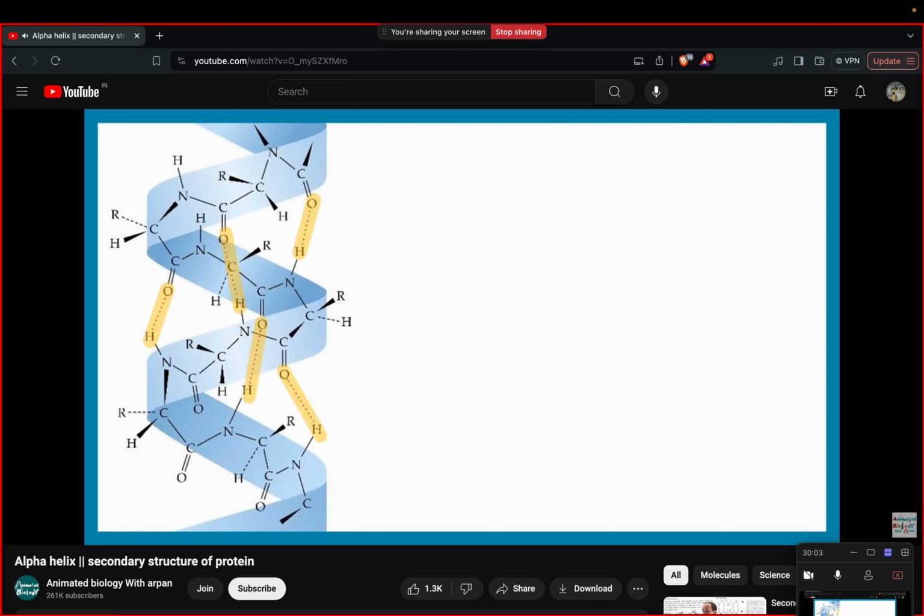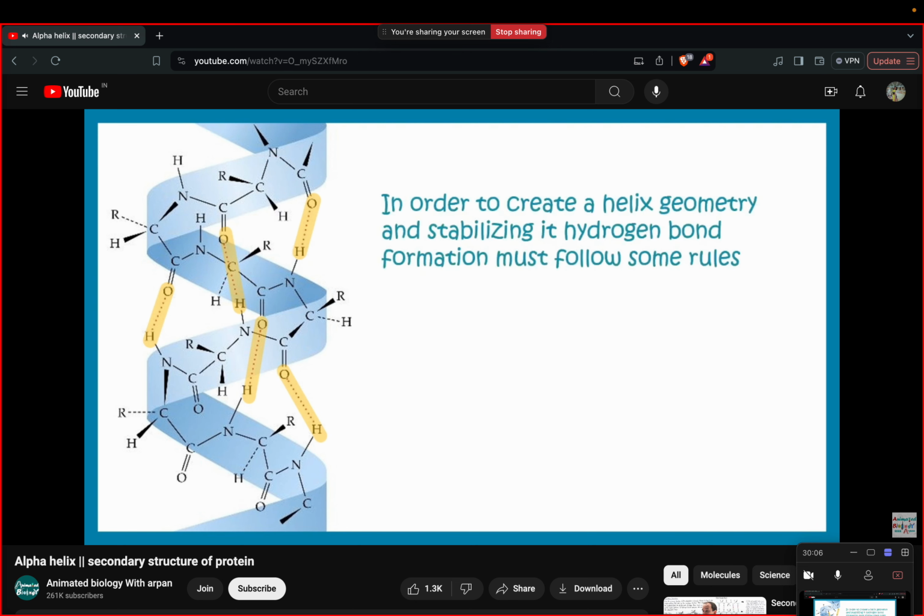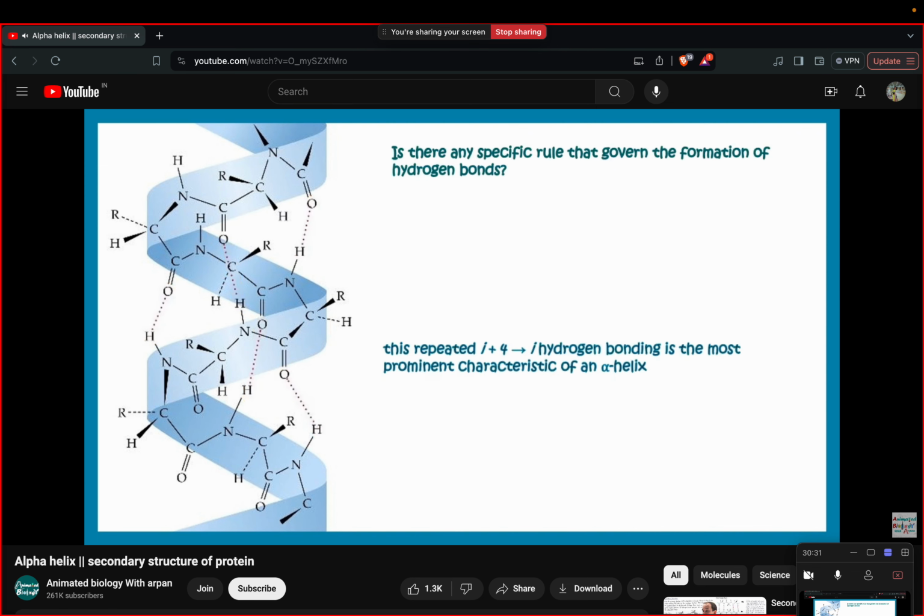Before coming to that rule, we should understand that from a scattered structure of a protein, that means the primary structure, making a geometrical structure like a helix is a long process. It requires a lot of planning and organization to make such a geometrically organized structure. So there must be some rule which is governing these interactions, which helps to stabilize these kinds of helical structures. Let us understand this rule.